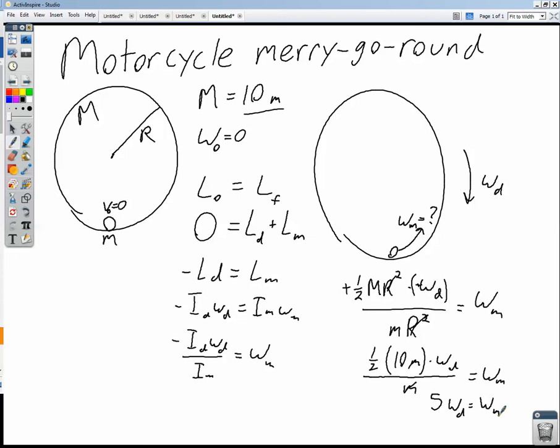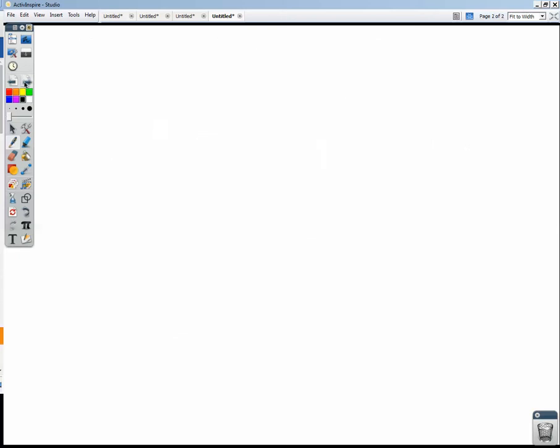And it's a little bit more instructive if we actually put some numbers to it. So let's say that the motorcycle, little m, has a mass of 200 kilograms, and the merry-go-round itself, the disc, that's big M, is going to be 2,000, so it's 10 times the mass of the motorcycle. Let's say that the radius of the disc is 10 meters.